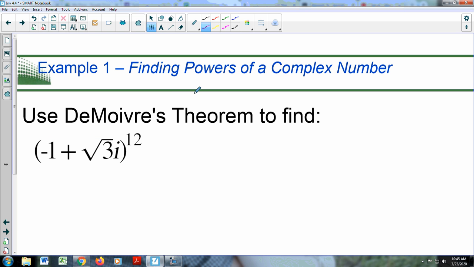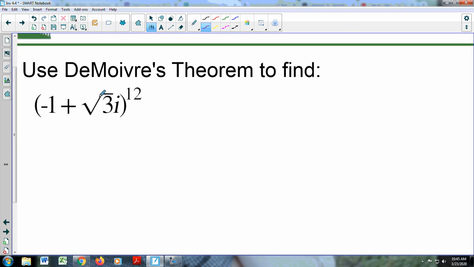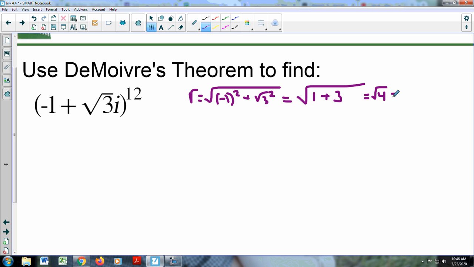So here we go. I need to use de Moivre's theorem to find negative 1 plus square root of 3 i to the 12th power. The first thing I'm going to do is find my r value. R is the square root of negative 1 squared plus square root of 3 squared. That is 1 plus 3, which is square root of 4, which is 2.